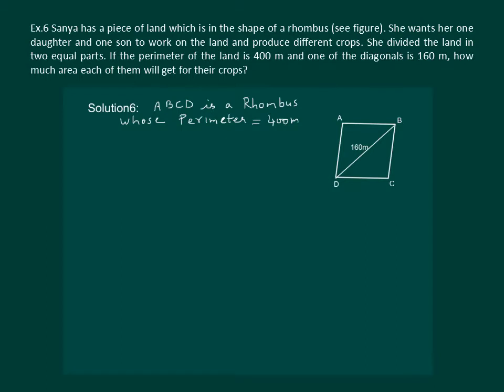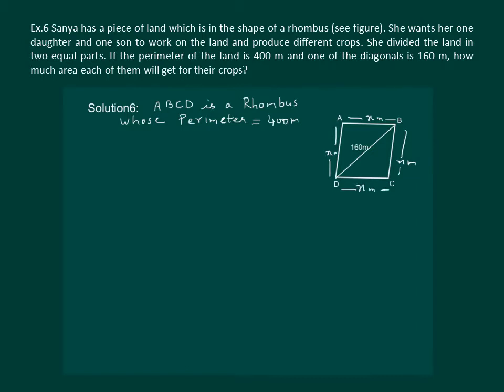It is given that ABCD is a rhombus whose perimeter is 400 meters. We know that in a rhombus, adjacent sides are equal. So that means if AB is x meters, then AD is also x meters, BC is also x meters, and DC is also x meters.